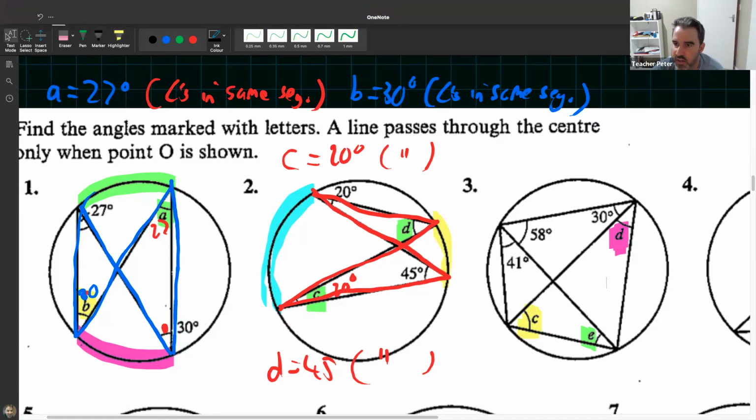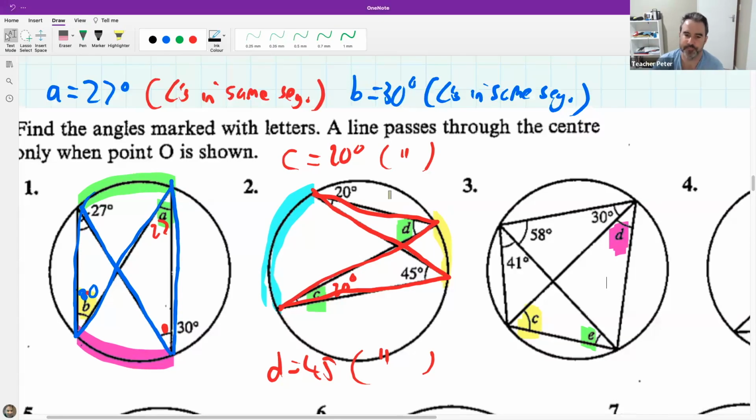Oh, my screen just decided to change to nighttime. Let's change it back. There we go.